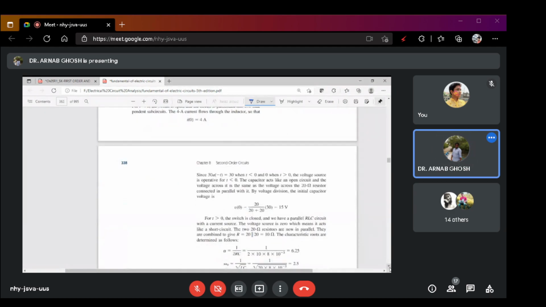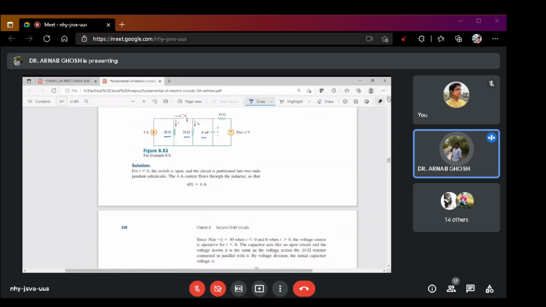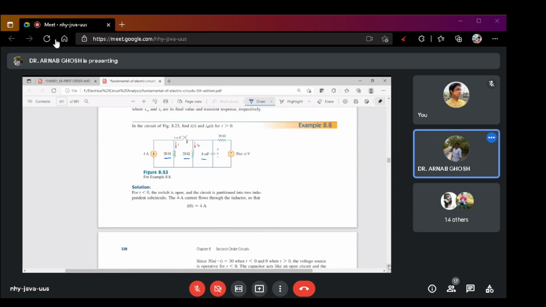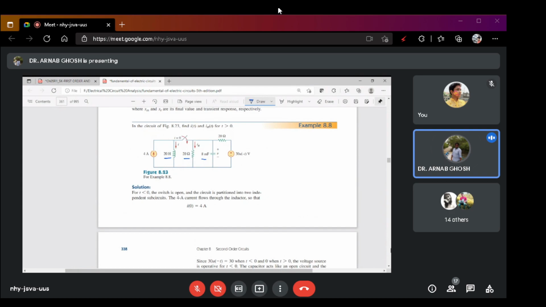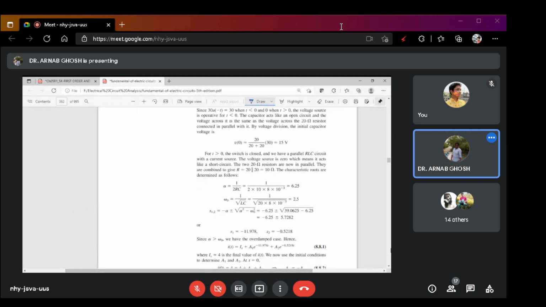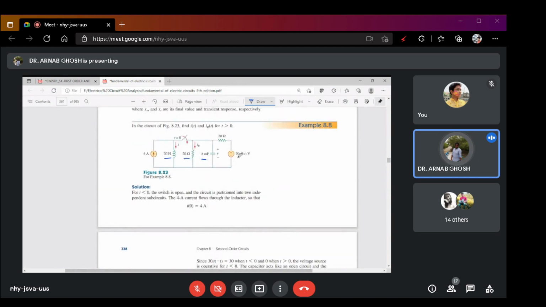So first, we will calculate the voltage across this 20 ohm resistance. The voltage source is given as 30.